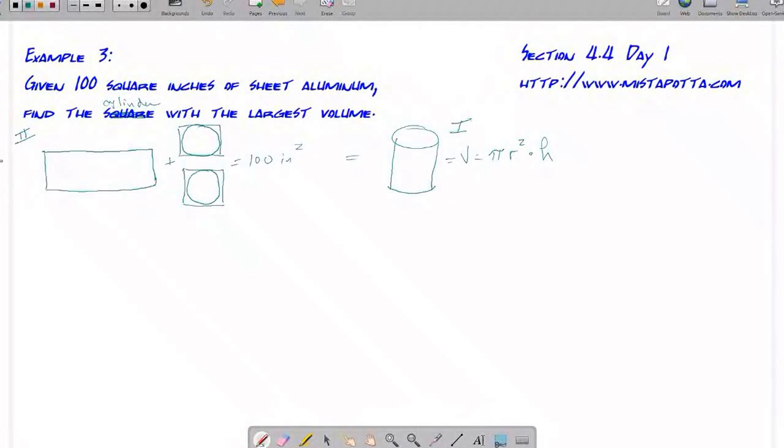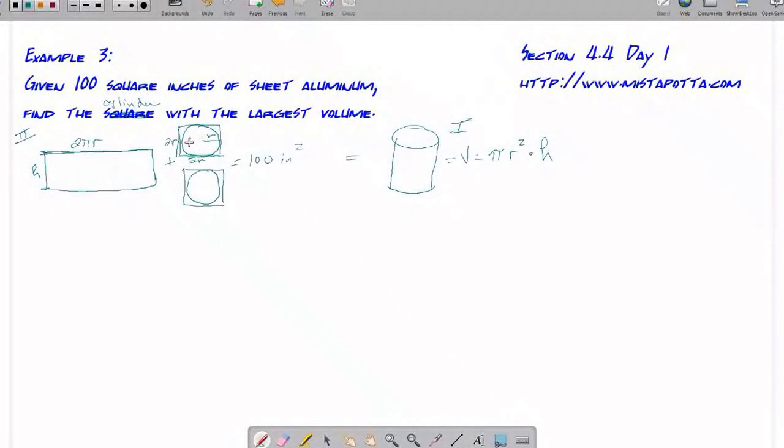And so I need to find the cylinder that has the largest volume based on this restriction. So if I'm making this a cylinder, this is going to be my height, the distance from the top of the cylinder to the bottom of the cylinder. But this has to wrap completely around the circle here. So this is going to be 2 pi r. That's my circumference. And for each of these circles, if this is the radius, that means that this is really 2r, and this is 2r.